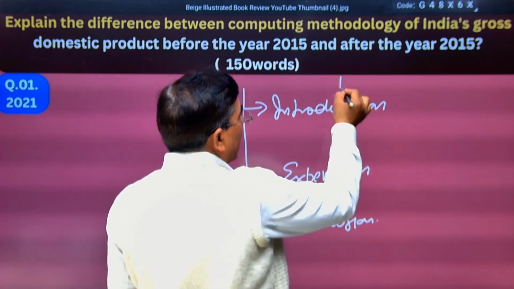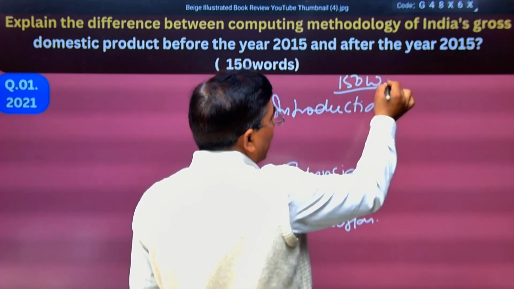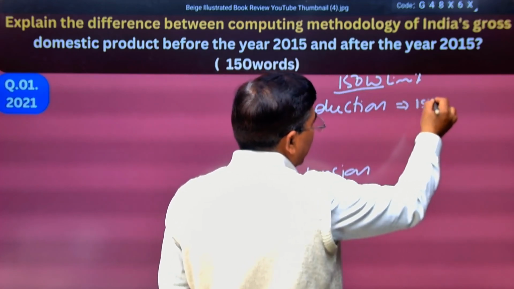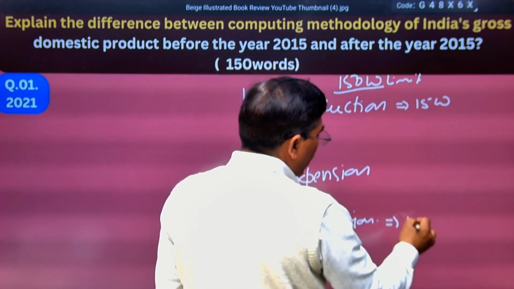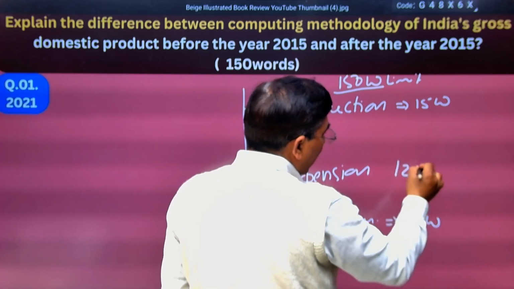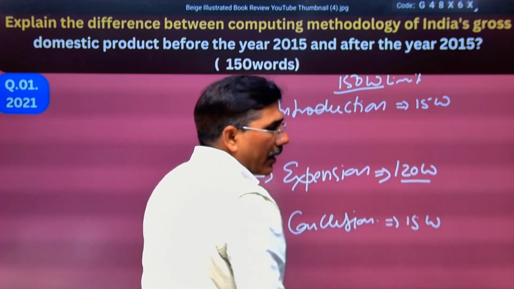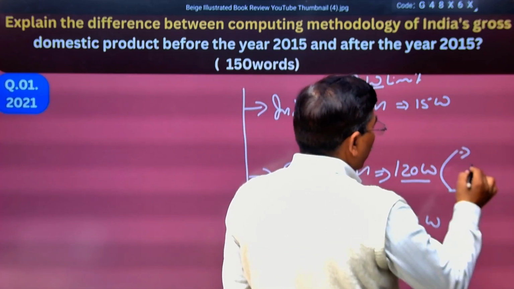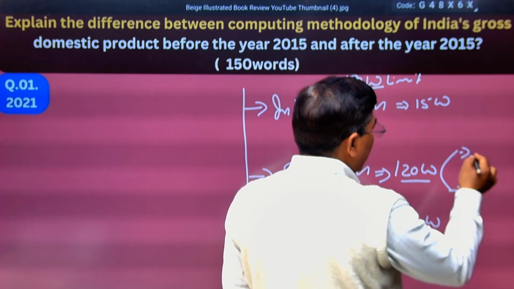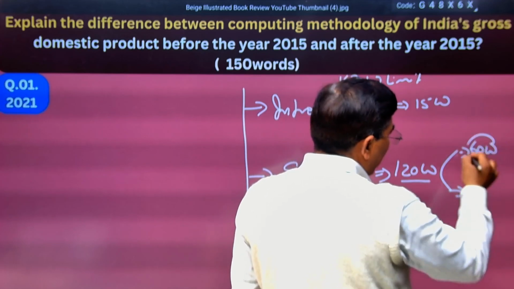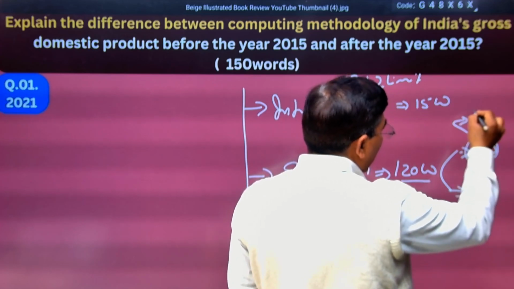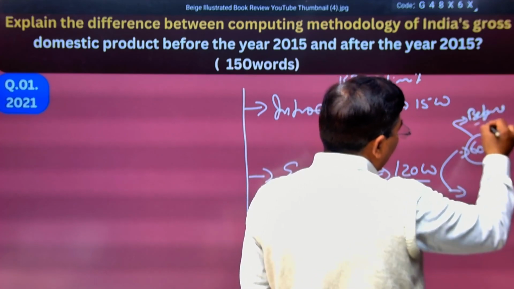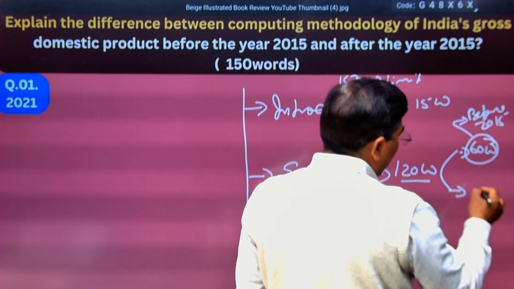Your introduction, as you know, has a 150-word limit. In the introduction you will use only 10%, say 15 words. In the conclusion 15 words, and 120 words in your explanation. For better classification, you use two paras and subdivide them, 60 words in the explanation of the methodology of GDP accounting before 2015, and similarly 60 words for the explanation of the methodology after 2015.